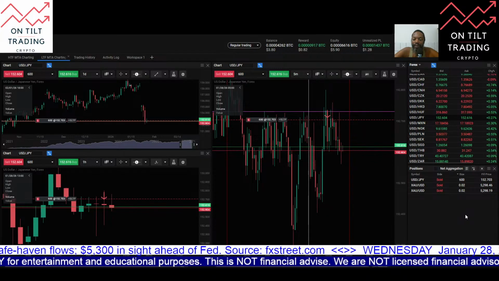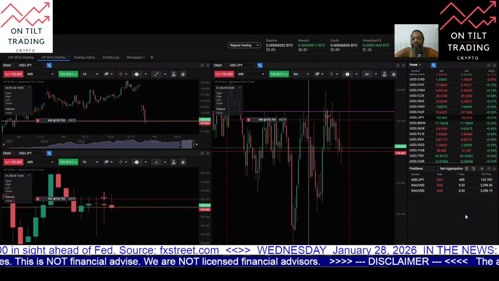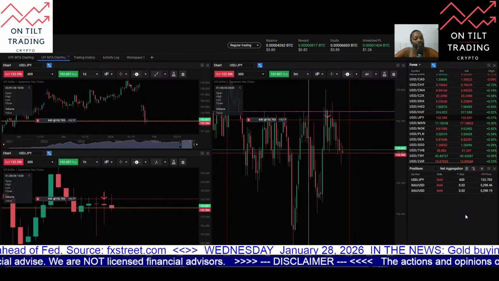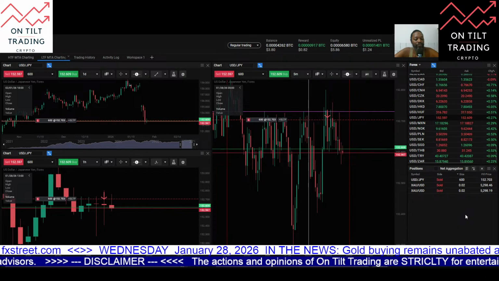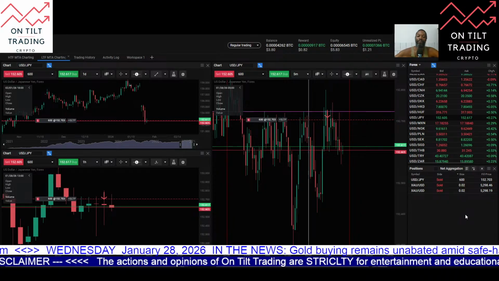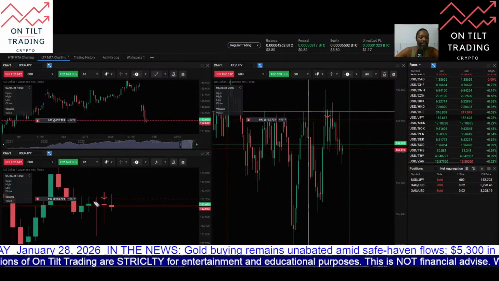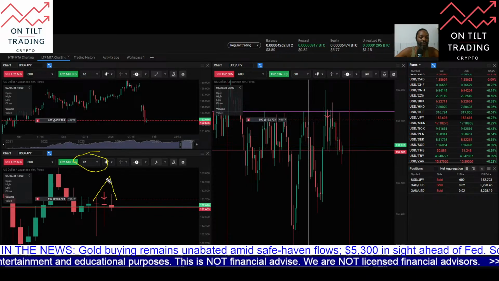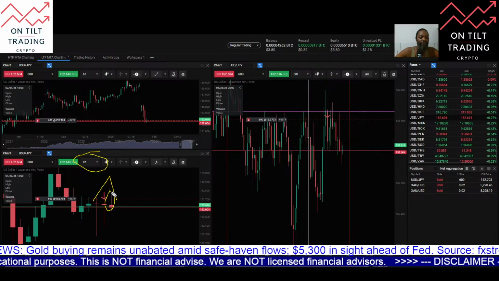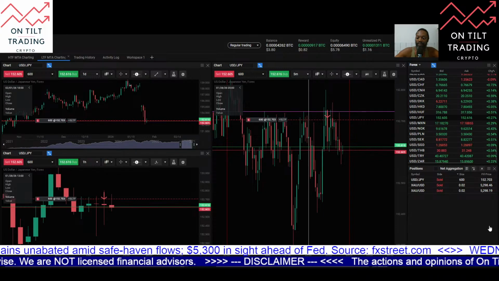Seeing some pullback and now some potential continuation here. Price having potentially put in a swing high here on the 1-hour chart, but we need this candle to close first to verify it, which would be in about 18 minutes from now.